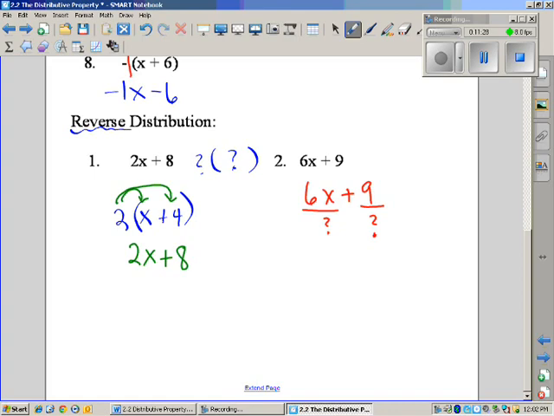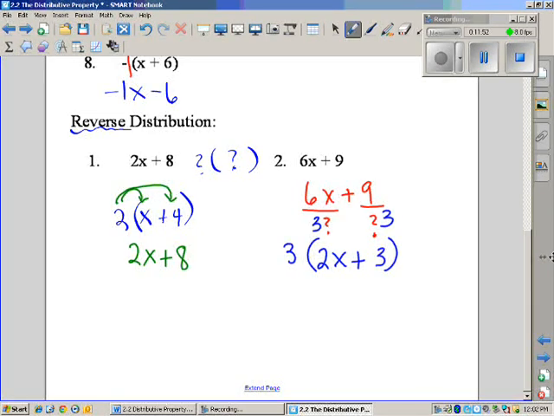What can I divide by? Well, I hope you all see that there's a 3 that I can divide by. 3 goes into 6 2 times, and 3 goes into 9 3 times, and I have to take my 3 to the outside.